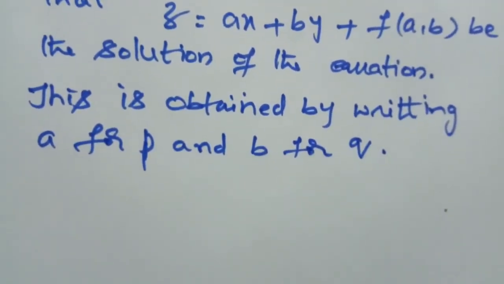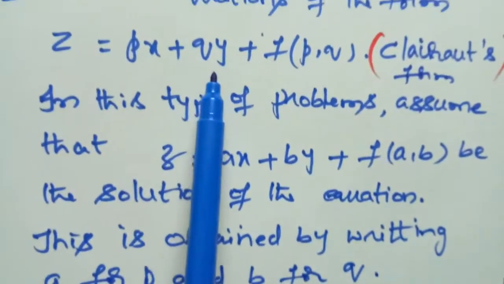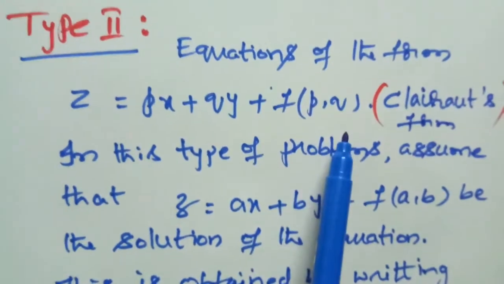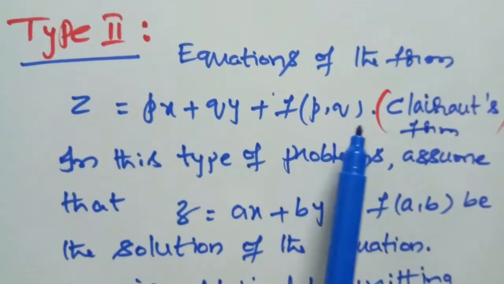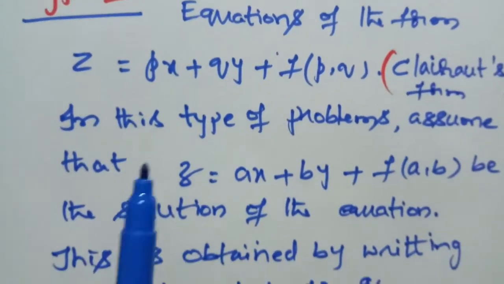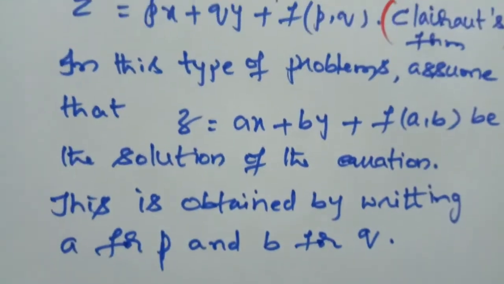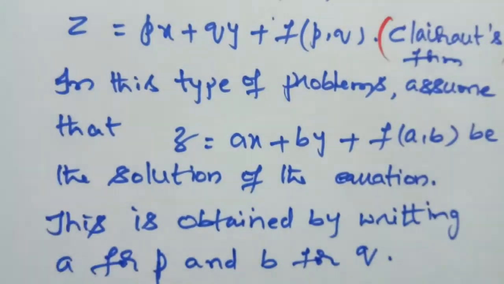In this type, equations are of the form z is equal to px plus qy plus f of p comma q. This is known as Clairaut's form. To find the solution of this type of equations is very simple. Just put p equal to a and q is equal to b in the given equation.